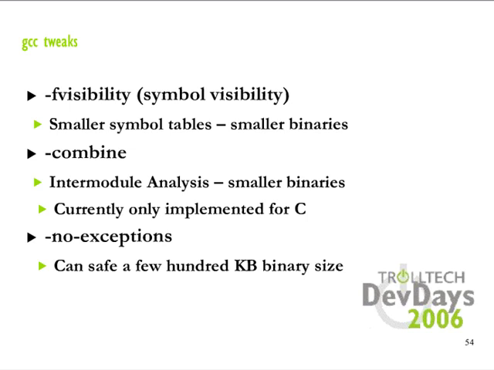Then you can use the -combine. Actually, the Intel compiler does it already. GCC, they just added it. Unfortunately, only for C. They work on it for C++. What does that mean? It does intermodule analysis. So you get even smaller binaries. Usually what happens, you compile one CPP file, another CPP file, another CPP file. You get a bunch of, let's say, 30 .o files, and the linker links them together.